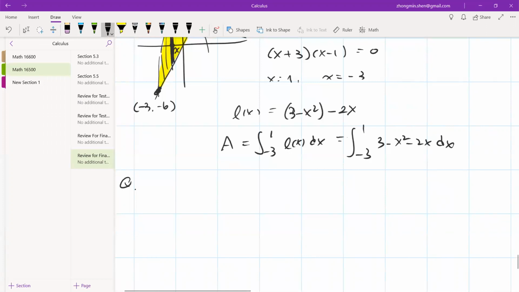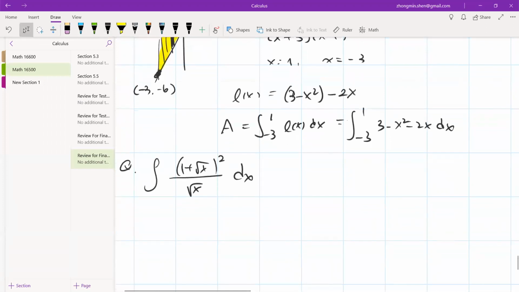I don't have it here. So integral of (1 plus square root of x) squared. This one, yeah, so many students make computation mistakes. Okay.